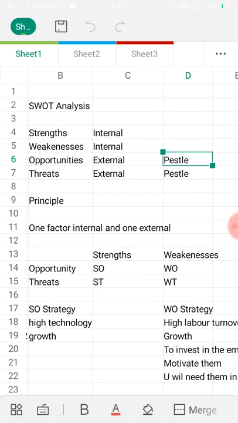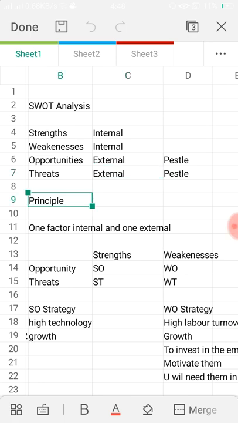What is PESTLE? It is political, economical, social, technological, legal, and ecological factors which definitely affect the internal operations of the entity. So we will consider internal as well as external factors that will affect the entity, and on the basis of these factors, the entity will make up a strategy.